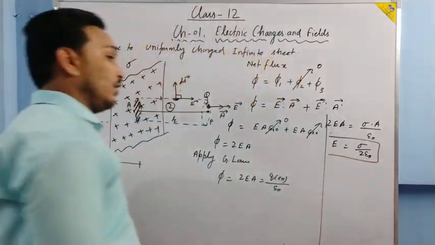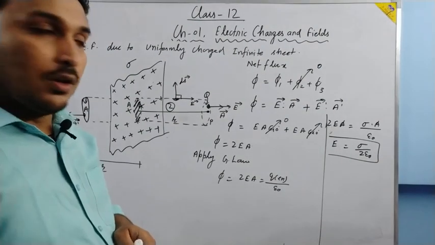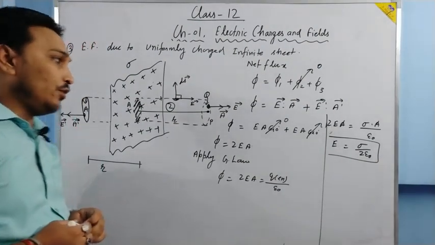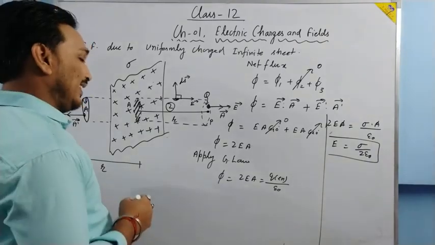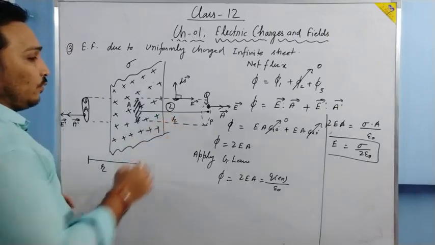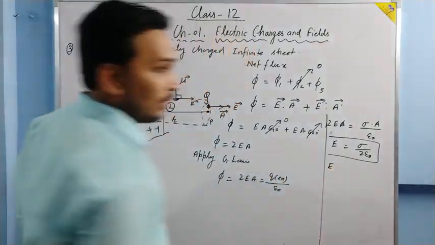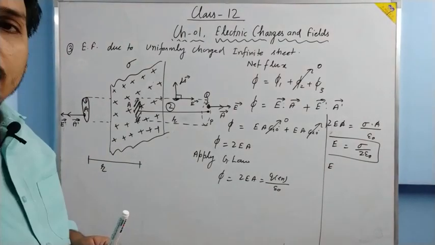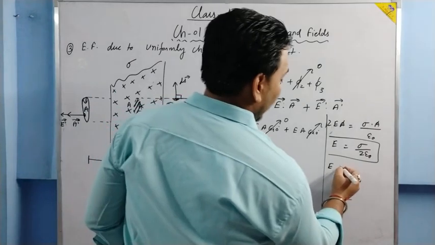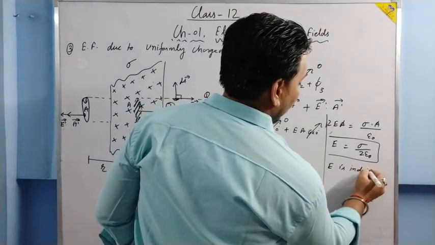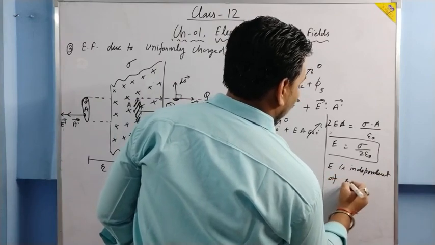Okay, this is the value of the electric field due to a sheet. Now it is a very important formula, because in this formula there is no R. So from it we can understand that the value of the electric field is independent of R. What is R?